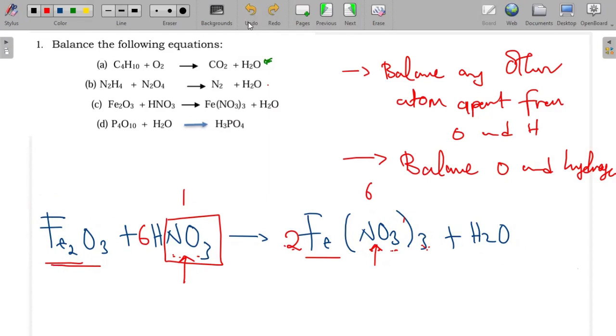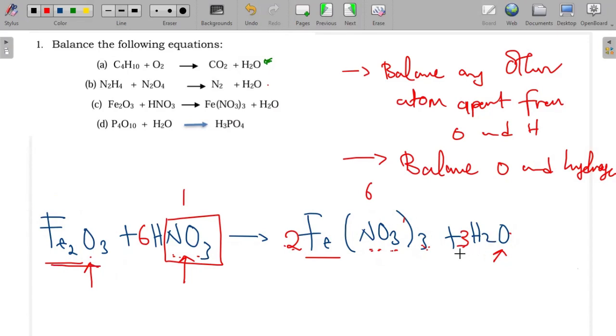In this first compound, how many oxygens can you see? I can see 3 oxygens here. And here I can only see 1 oxygen. So I'm going to add the 3 here. So it means 3 oxygens, 3 oxygens. The oxygen have been balanced.